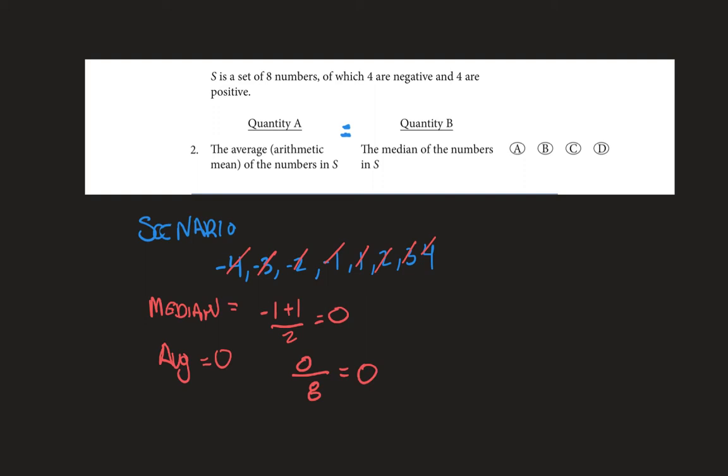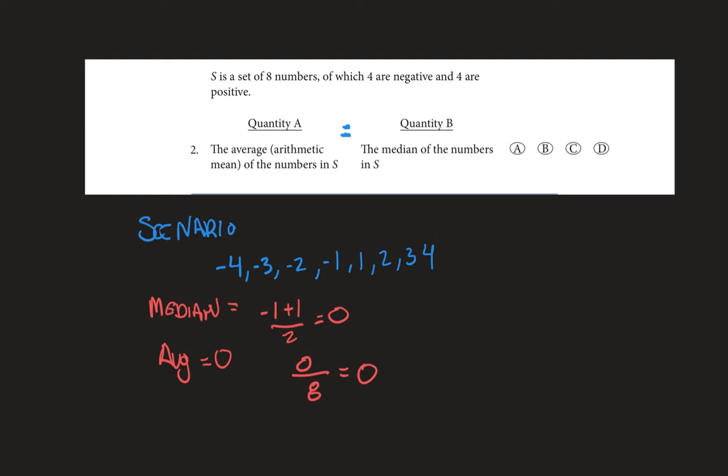In this case, we've proven that basically we can make this statement equal. So we proved that the statements are equal. Here's the thing about the GRE you guys need to understand, and it's a critical, important lesson.